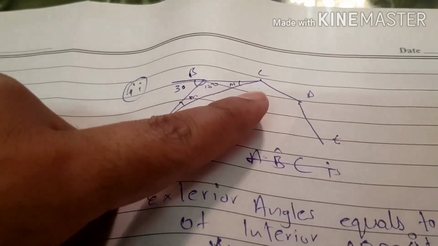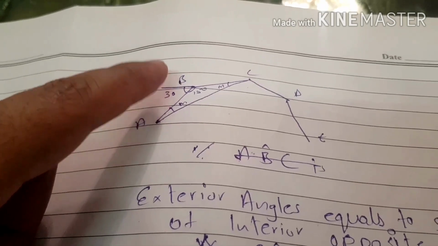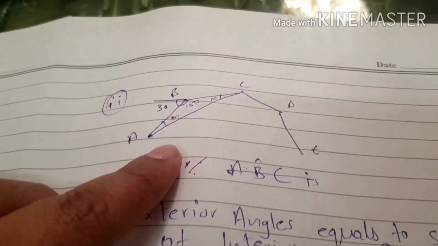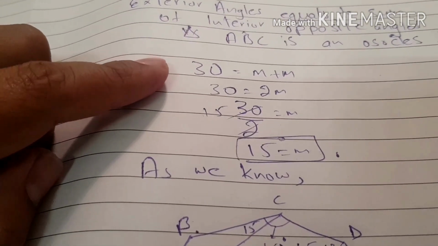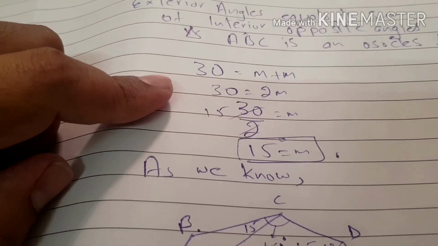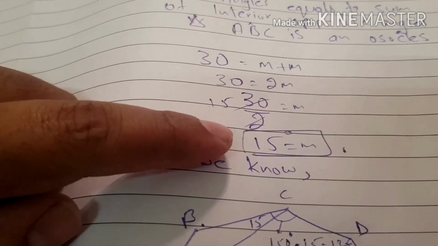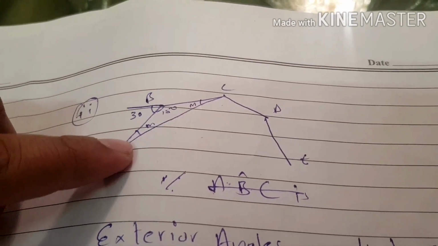This exterior angle is equal to the sum of these two interior opposite angles. So 30 equals m plus m, which is 2m. You do the division and you get 15. That means this angle equals 15.